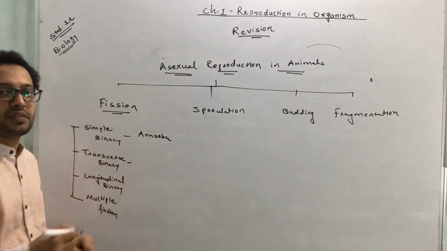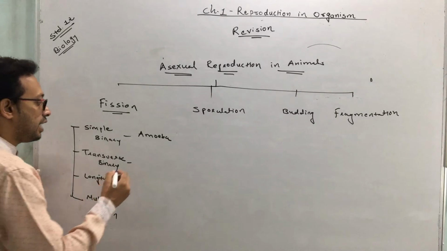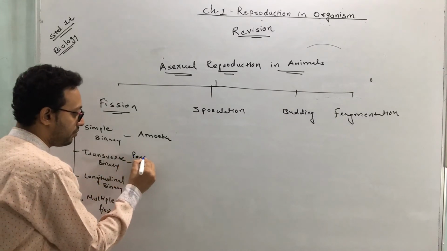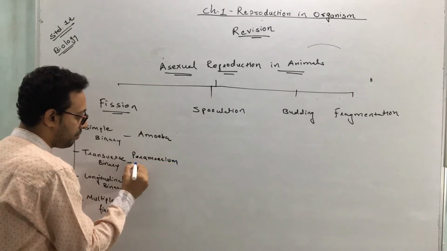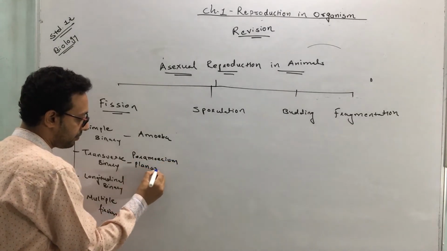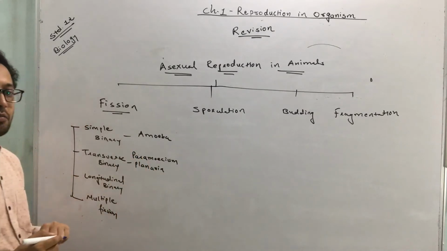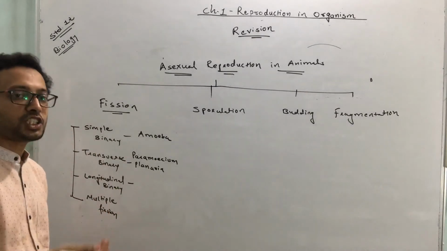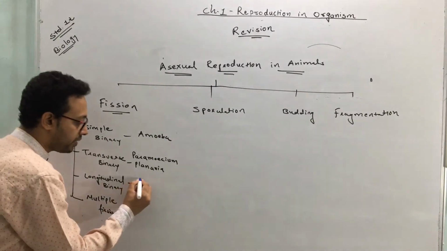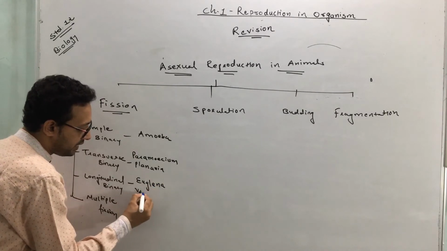In transverse binary fission, the cytoplasm divides transversely, and that happens in paramecium and planarian. In longitudinal binary fission, the cytoplasm divides longitudinally, which is observed in Euglena and Vorticella.